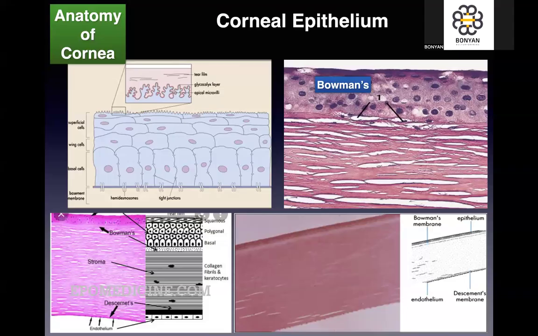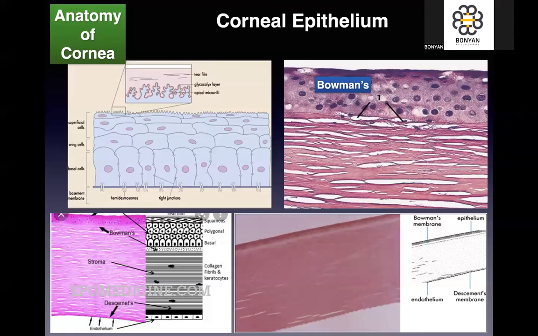Otherwise, if there is any problem with the endothelial cells, the active pump function will be disturbed, leading to accumulation of fluids in the corneal stroma, leading to what's called corneal edema, which will interfere with corneal transparency, and hence the patient won't be able to see clearly. So it's one of the causes of corneal blindness.